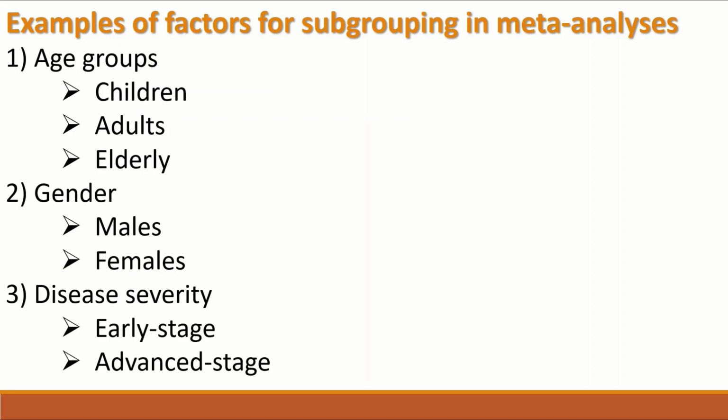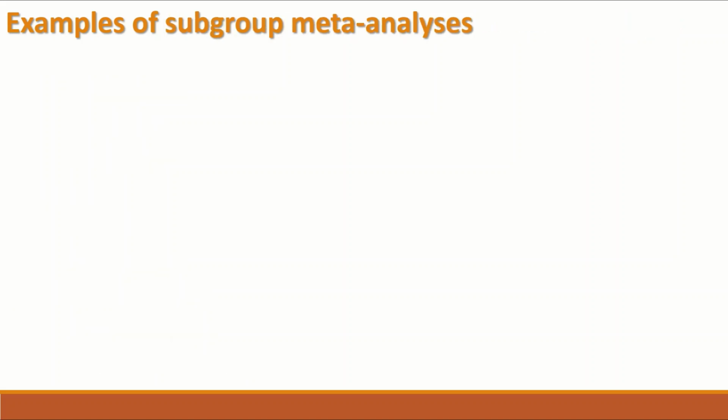Another factor that can be used for sectioning the studies or the data can be the disease severity, such as the early stages or advanced stages. The data can be sectioned based on the progression level of the disease stage.